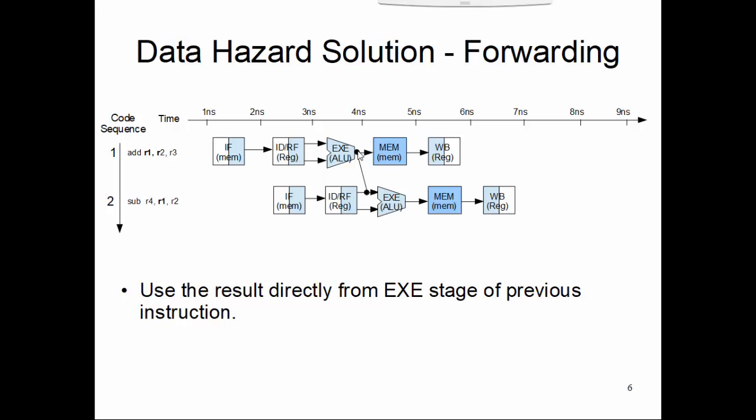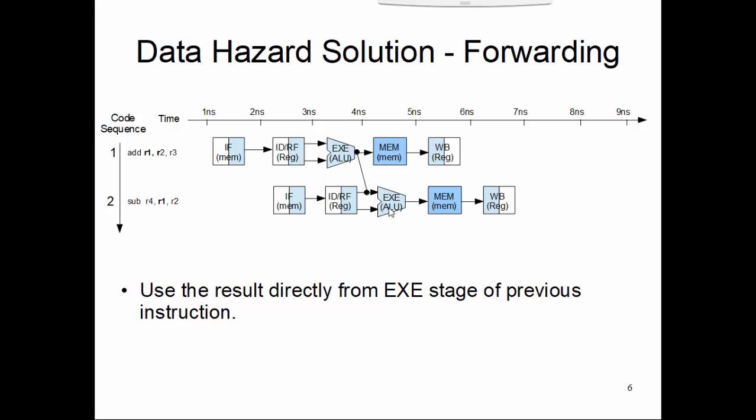So in this specific problem, we do it through some mechanism. Don't worry about the mechanism right now, how it is done is not important. The important idea is that as soon as my updated value is available at the end of the execution cycle of instruction 1, we take that value and use it at the beginning of the third cycle, the exe cycle, of the second instruction.